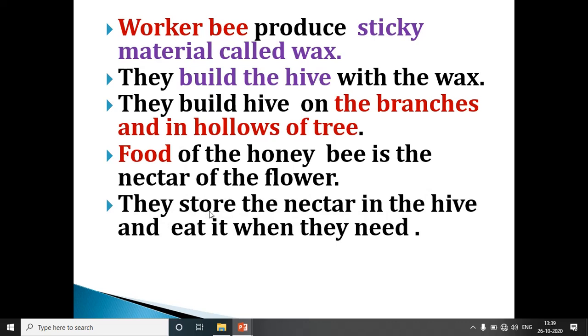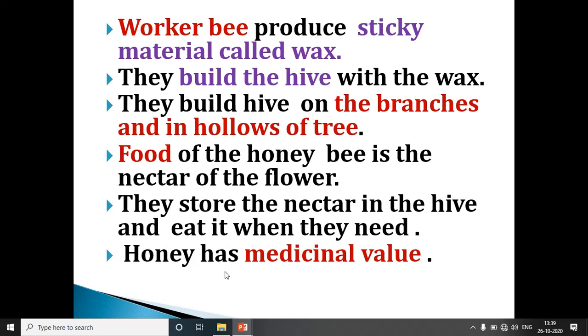Honeybees store the nectar in the hive and eat it whenever they need. So where will they store the nectar? They store the nectar in the hive and eat it when they need it.